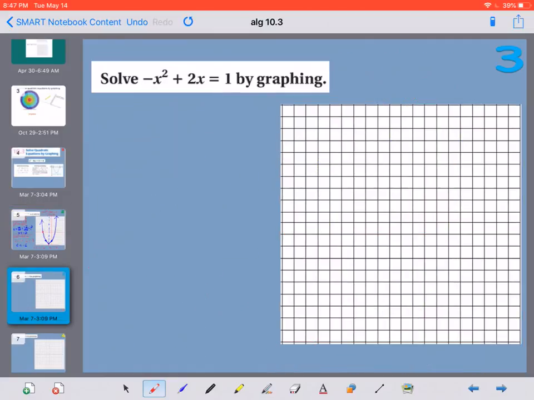So we're going to go with the next one. We have negative x squared plus 2x equals 1. What we got to do is subtract the 1. So we get negative x squared plus 2x minus 1 equals 0.